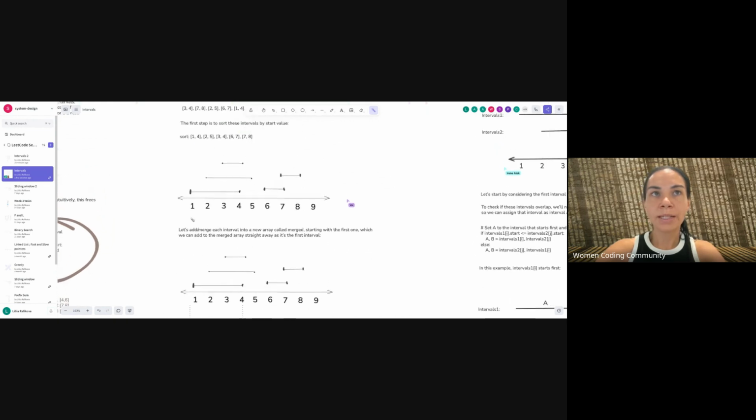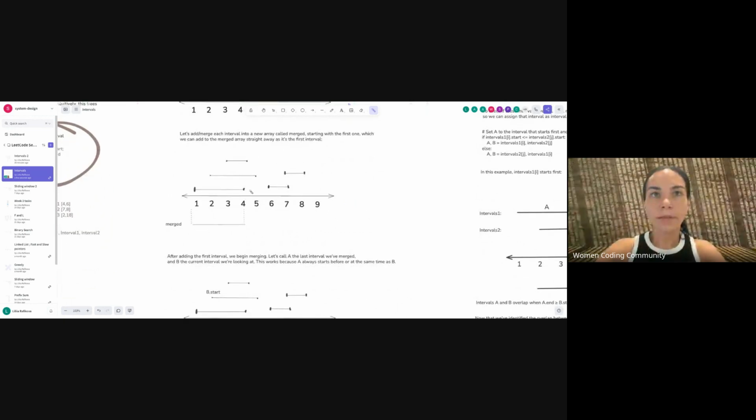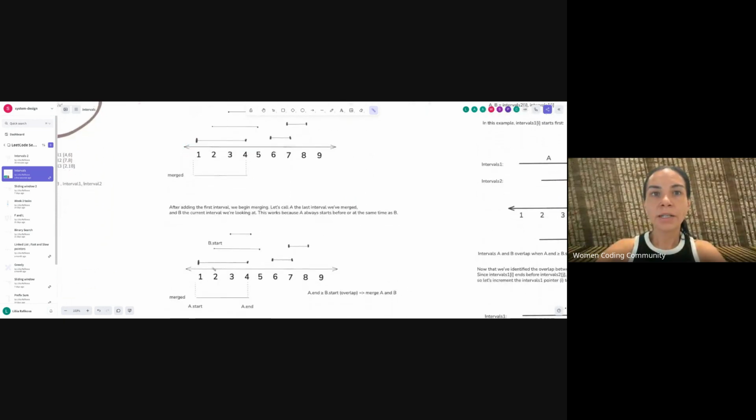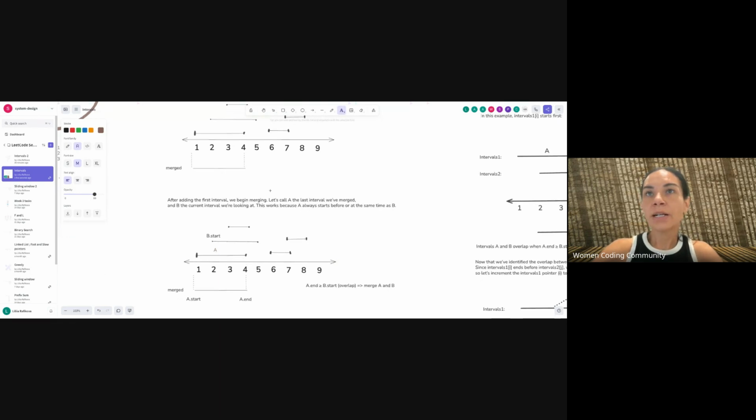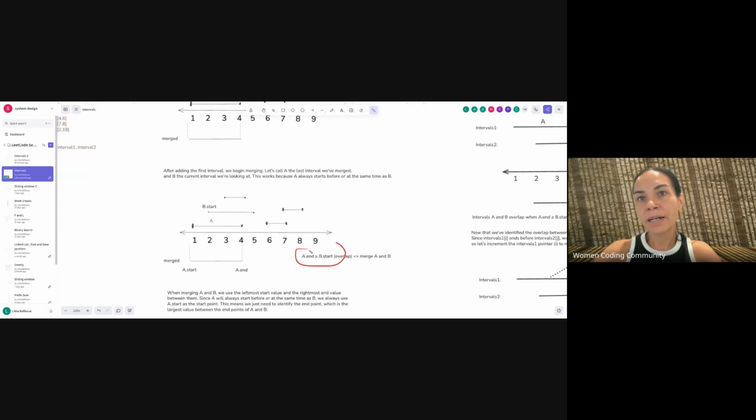So we take the very first interval, this one, and this will be our A interval. The next interval will be B interval. We will compare the end and start.